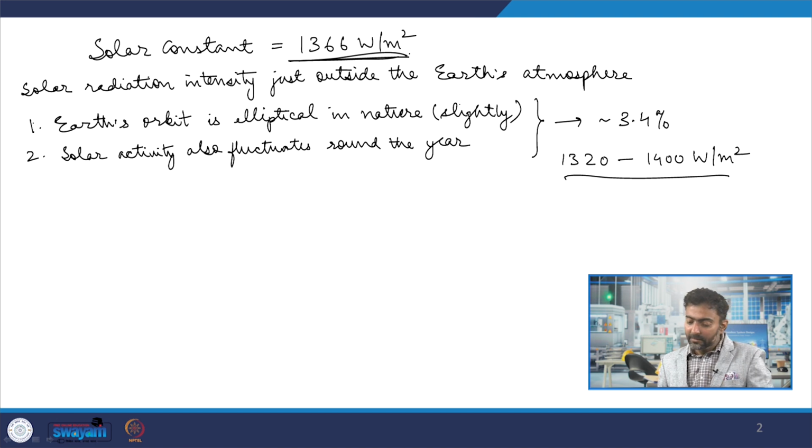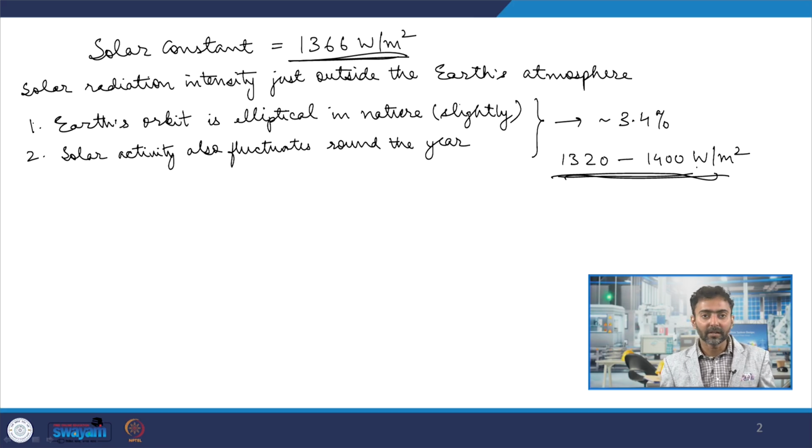Now, in this variation from 1320 to 1400 watt per meter square, the interesting thing is that the radiation intensity is highest in the month of January and lowest in the month of July in this range outside the Earth's atmosphere. Now that might seem a little counterintuitive for people in the northern hemisphere.